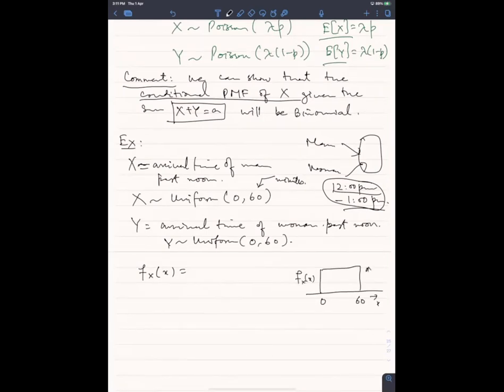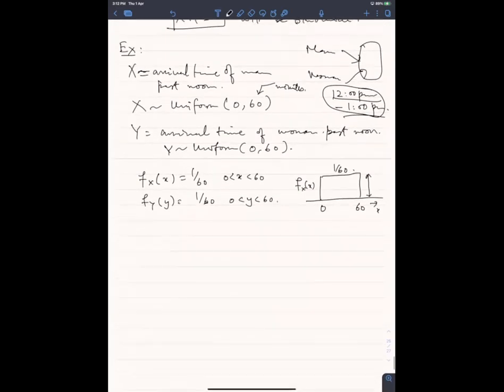What is this guy here? कोई जवाब देने वाला है? 1 over 60 minus 0. So 1 over 60 is 1 over 60, x between 0 and 60. And similarly, fy of y is also equal to 1 over 60, y between 0 and 60. Right?